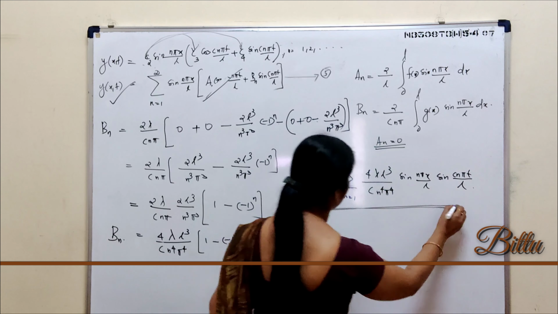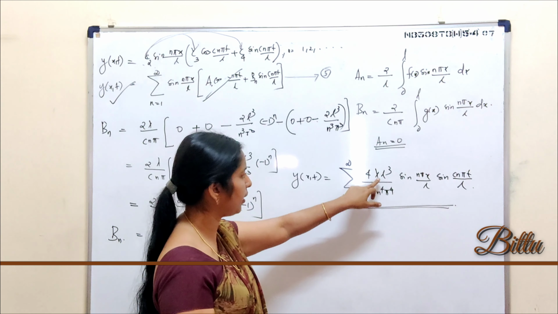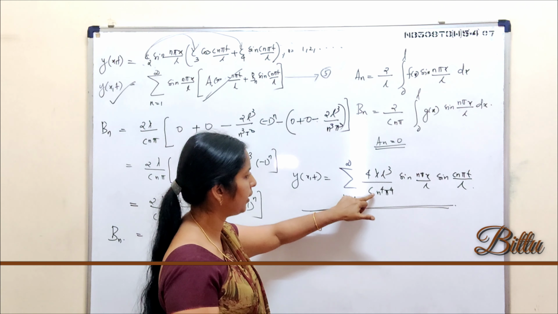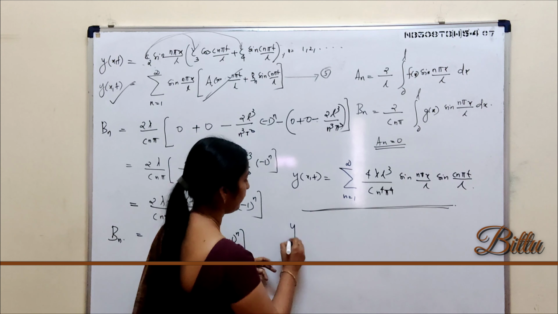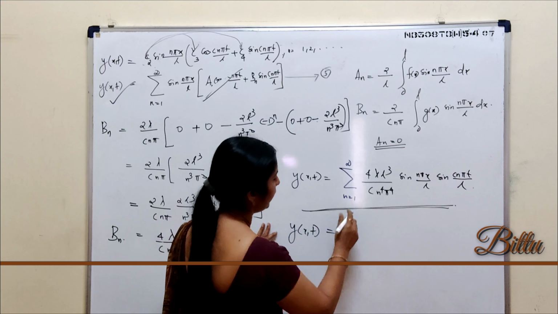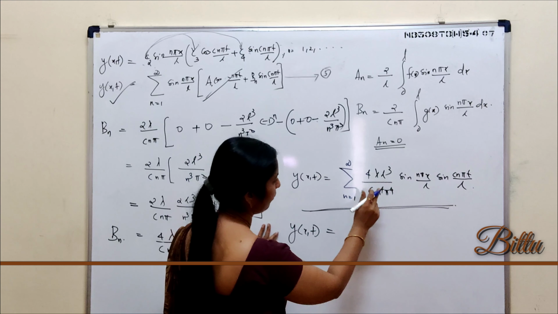See, this summation we can take 4 lambda L cube by c pi raised to 4 outside. Here sigma for n equal to 1 to infinity, so it depends on n.